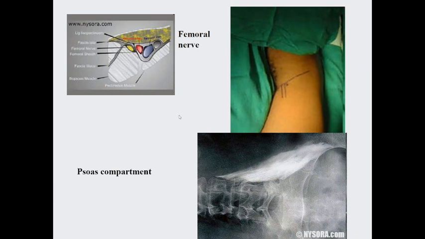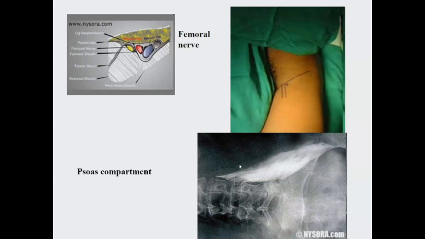Then there is the sciatic nerve, which lies between the gluteus muscles, so it's anesthetized at the level of the buttocks. And we have one nerve which has to be anesthetized in the medial part of the thigh.